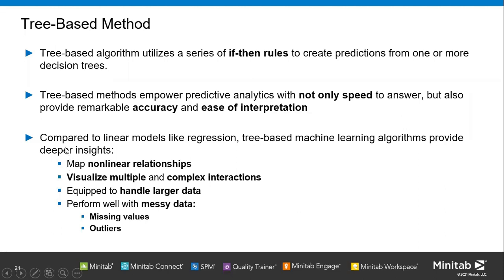Compared to a linear model like regression, tree-based machine learning is better if you have more non-linear relationships, if you want to visualize, or if your data is a little bit messy. Messy means you have missing values and outliers.